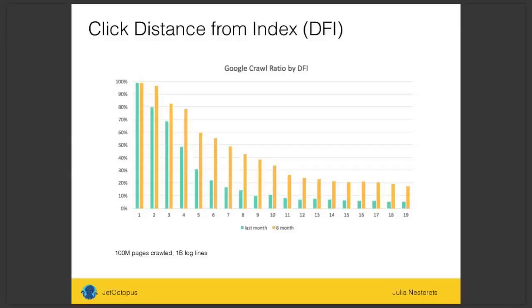And you clearly see that when the page is located further than 5 clicks, the crawling ratio decreases dramatically, because the bot perceives these pages as not important.